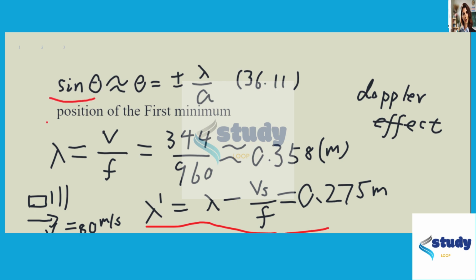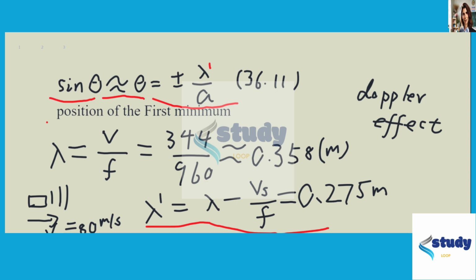Sine theta equals plus or minus wavelength lambda divided by A. Because we consider the Doppler effect, lambda should be lambda prime here. And A is just the width between the two holes. Because you are standing far away, we can use the small angle approximation, which says sine theta is approximately equal to the angle theta.